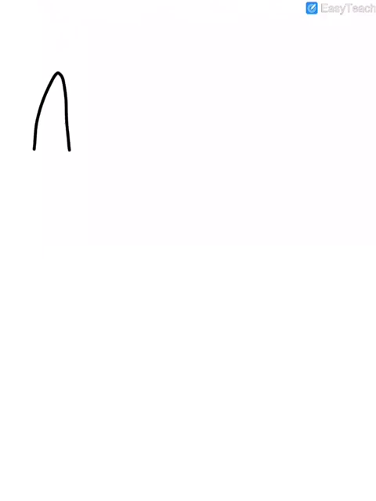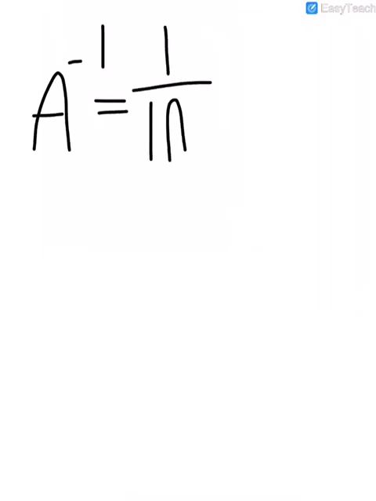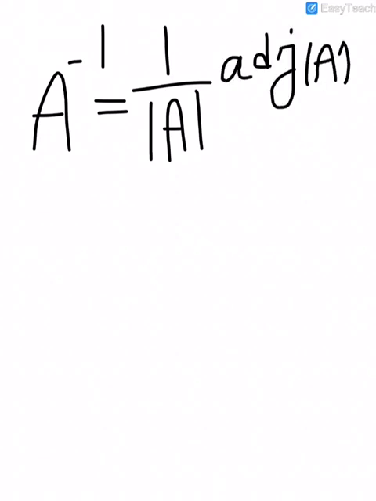Now there is a condition here we are going to discuss a little. Remember that the inverse of A was 1 over determinant of A times the adjoint.